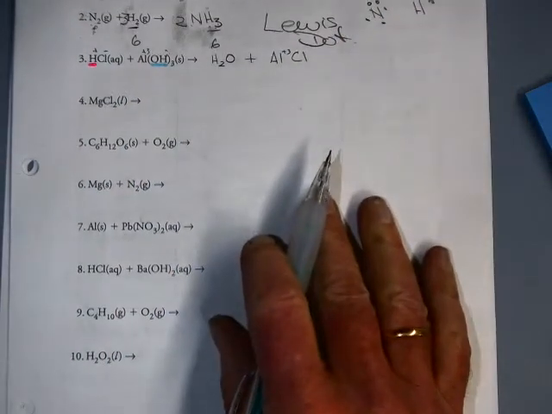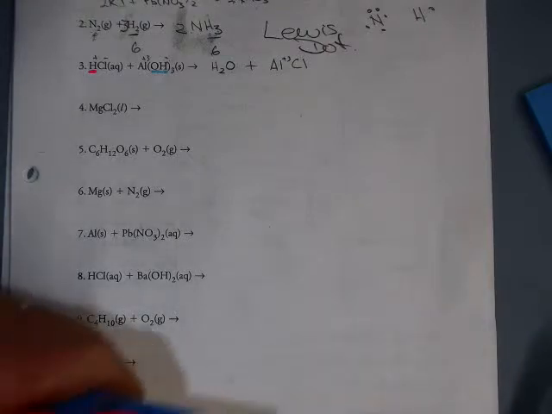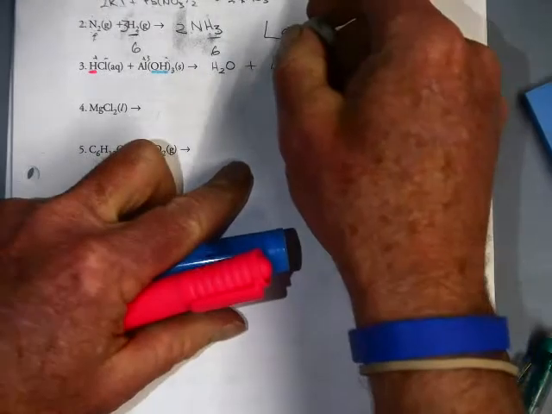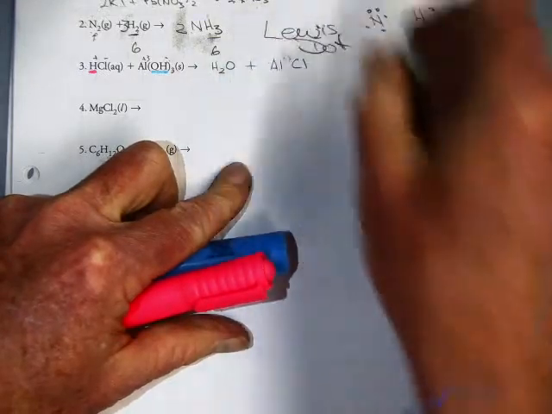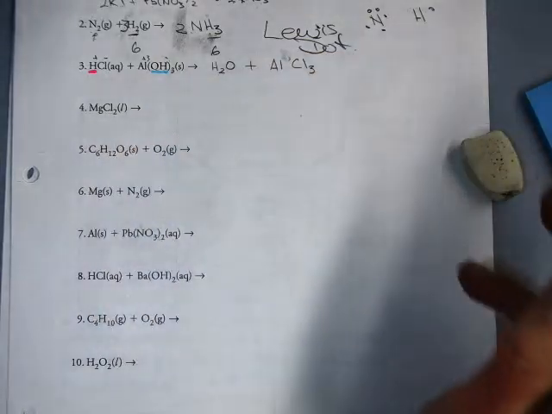Before I can balance this, I have to do my cheat to determine the chemical formula for aluminum chloride, and everybody is already there. This is going to be AlCl3, and then you can balance.